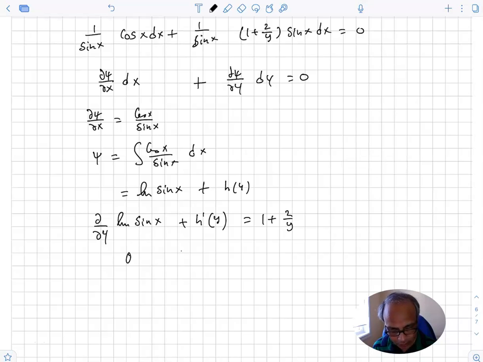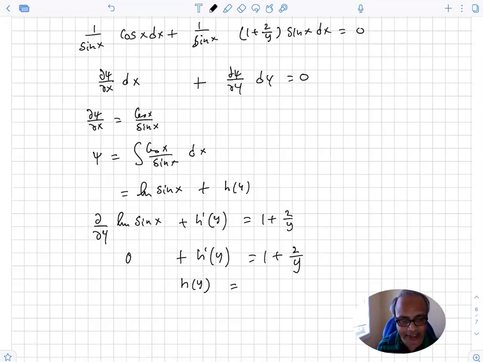So 0 plus h prime y, which is 1 plus 2 over y. H of y, integrate both sides. So in the left hand side, you integrate h prime y, which is h of y. So on the right hand side, you integrate 1 plus 2 over y with respect to y.